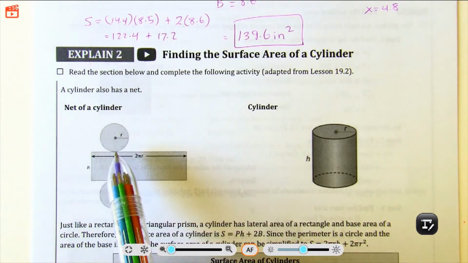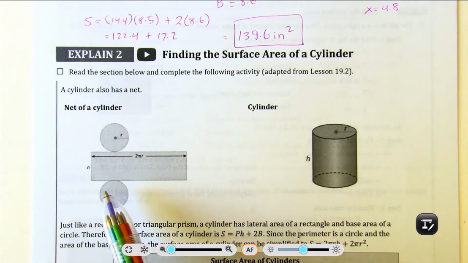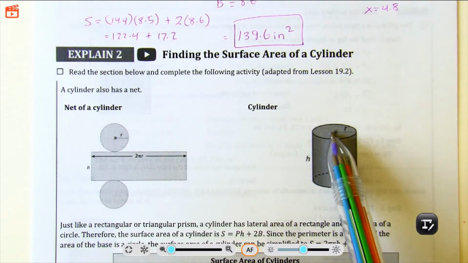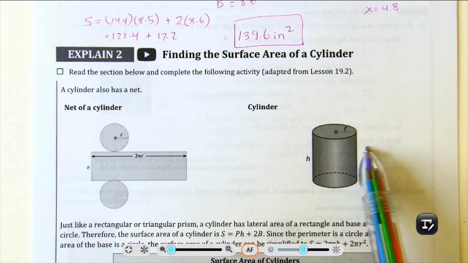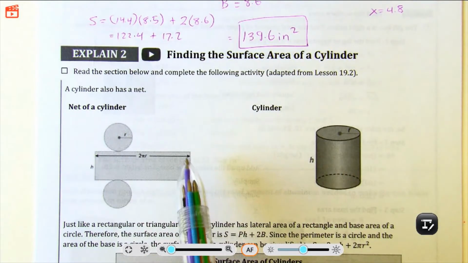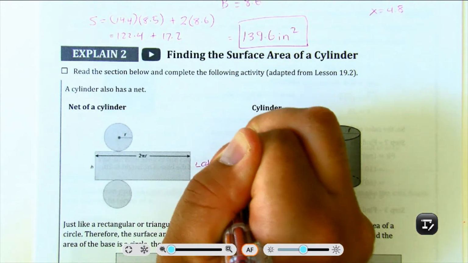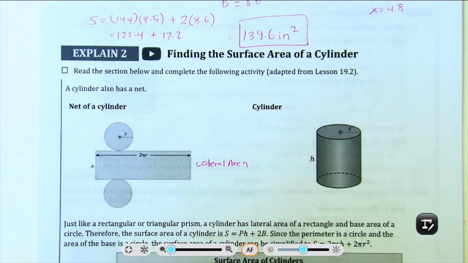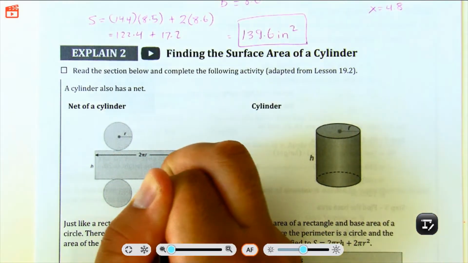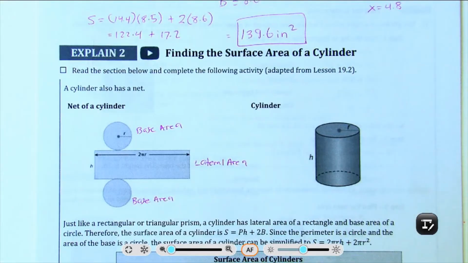So if I was to unwrap this cylinder, notice that we have a circle at the bottom, a circle at the top, and then this piece that's unrolled is this piece here. So this long piece is called the lateral area, and these circles are the base area. So notice that there are 2 base areas and 1 lateral area.